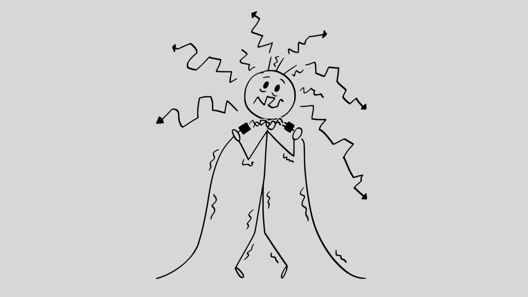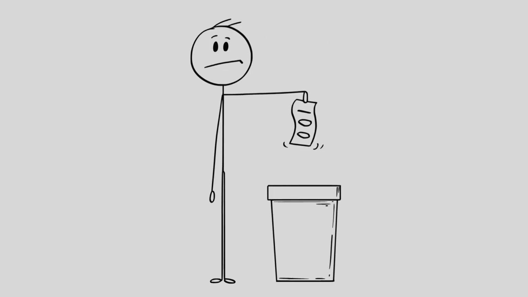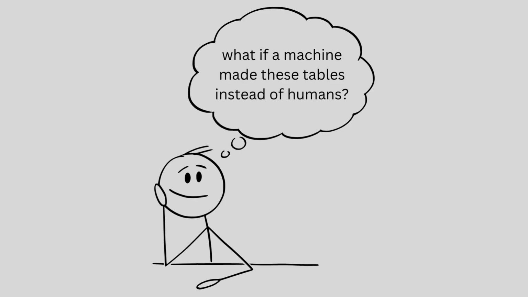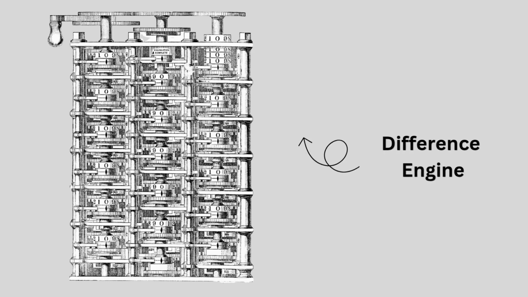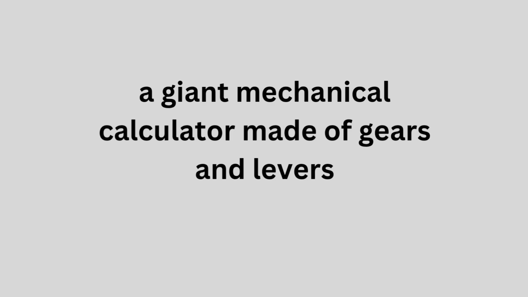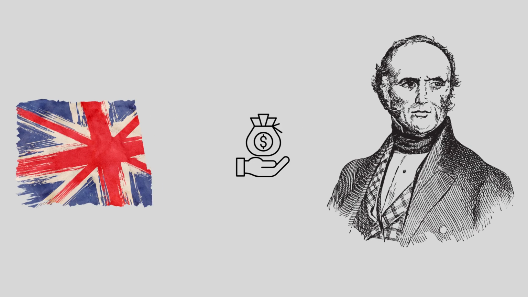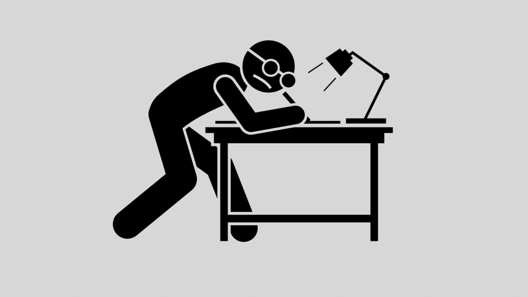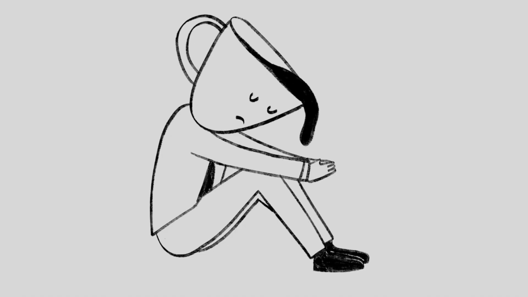And they were full of human errors, wrong numbers that caused real problems. Babbage thought, what if a machine made these tables instead of humans? No fatigue, no mistakes. So he designed something called the difference engine, a giant mechanical calculator made of gears and levers. He actually got the British government to fund it. But the engineering of the time wasn't precise enough to build it properly, and the project fell apart.